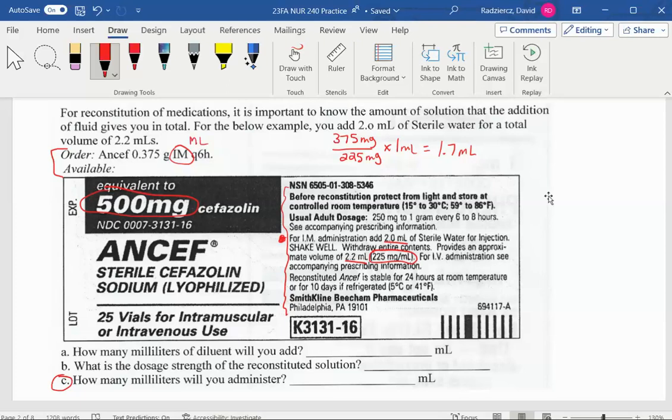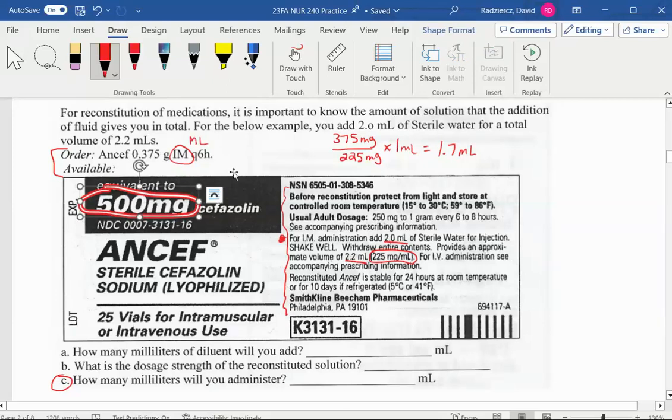Typically, you would see something like heparin listed at 10,000 units per milliliter, or an oral suspension at 125 milligrams per 5 ml. You have that relationship clearly spelled out. But on this type of reconstitution, you have 500 milligrams listed and nothing about milliliters. That's your clue that you need to know the milliliters, but it's not listed there, because the 500 milligrams is the powderized form of this medication. In this instance, it's Ancef.